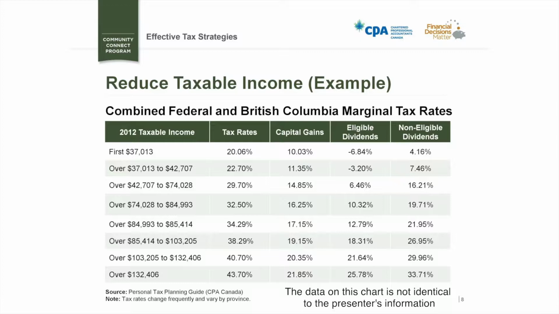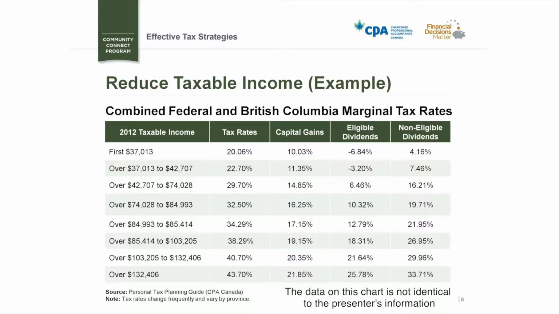So if you earn $100 of interest income, and you're earning more than $132,000, let's say, from your employment, then you're actually paying $46 for every $100 worth of interest income that you earn. On the other hand, if you had a $100 capital gain, you would have only paid $23 for every $100 worth of capital gain that you incurred.